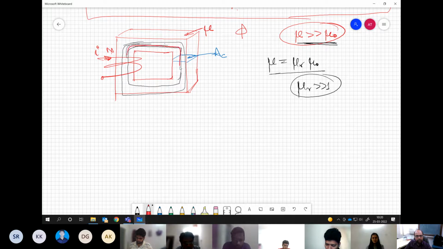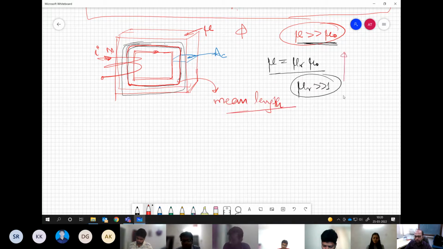If you go along the very inner edge of the core, you have the least length around it, and at the outer edge you have the largest length. So we take the average of both, considering the mean value of the core length.